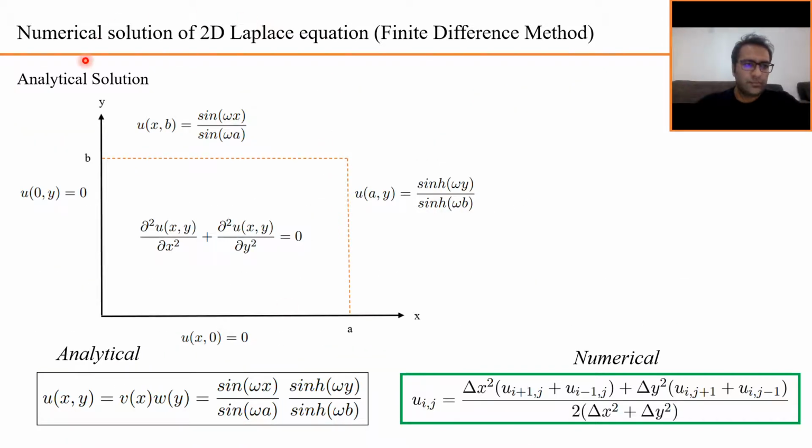so we had this analytical solution, we solved it analytically, and this is the analytical answer for this partial differential equation in this area. And we have the numerical solution for the same partial differential equation.